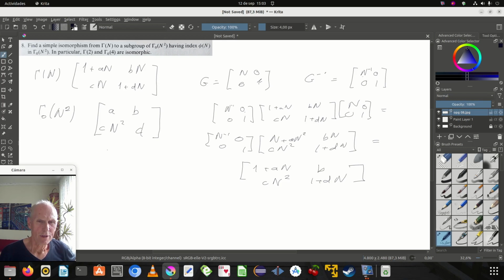All right, this gives, of course, an isomorphism onto a subgroup of gamma n2, and it's the subgroup where the diagonal elements lie in, I don't know, in the side class of 1 modulo n.